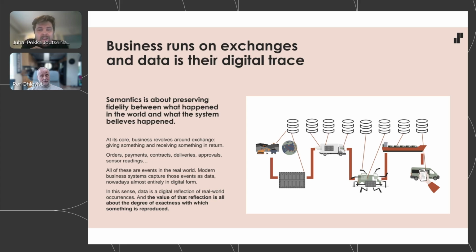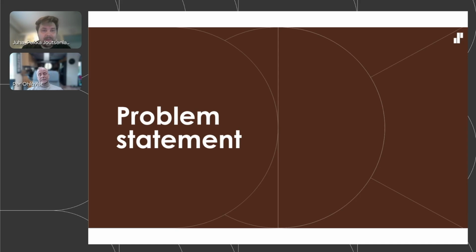Whether we have orders, payments, contracts, approvals, or even IoT sensor readings, they are all connected to some real world event. When we think of data as a digital reflection of the real world, we acknowledge that the value of the data is how well and how accurately it can capture that real world event. And that's basically semantics. But next, Per will tell you a bit about this problem field.